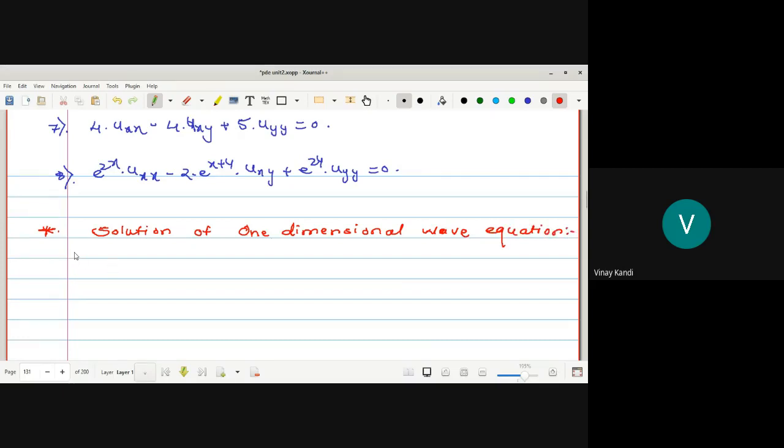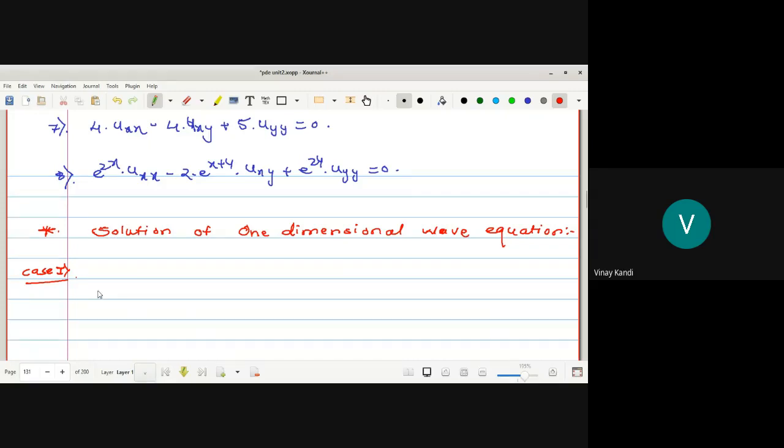Now, in this one, there are 3 cases. First case. In the previous lecture, we saw the first case: the vibration of an infinite string. Both the ends are not fixed, which means infinite length.